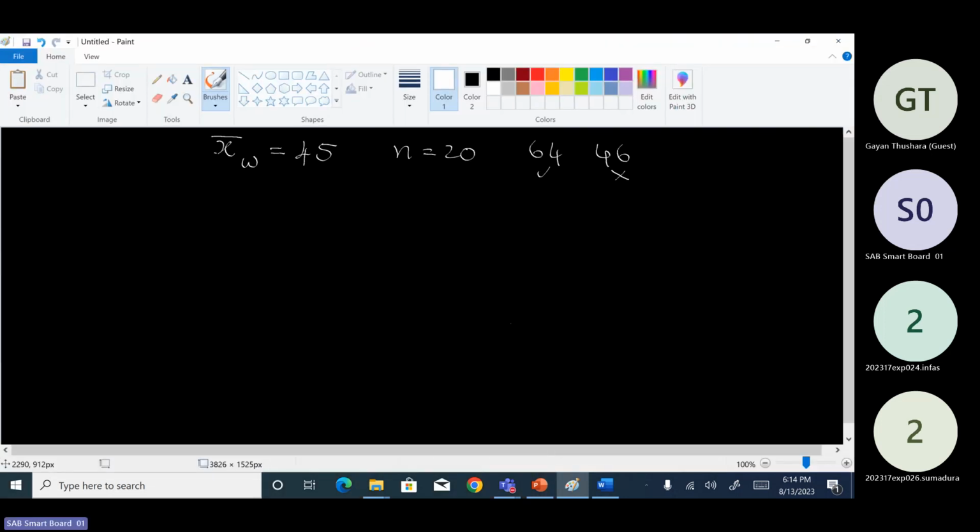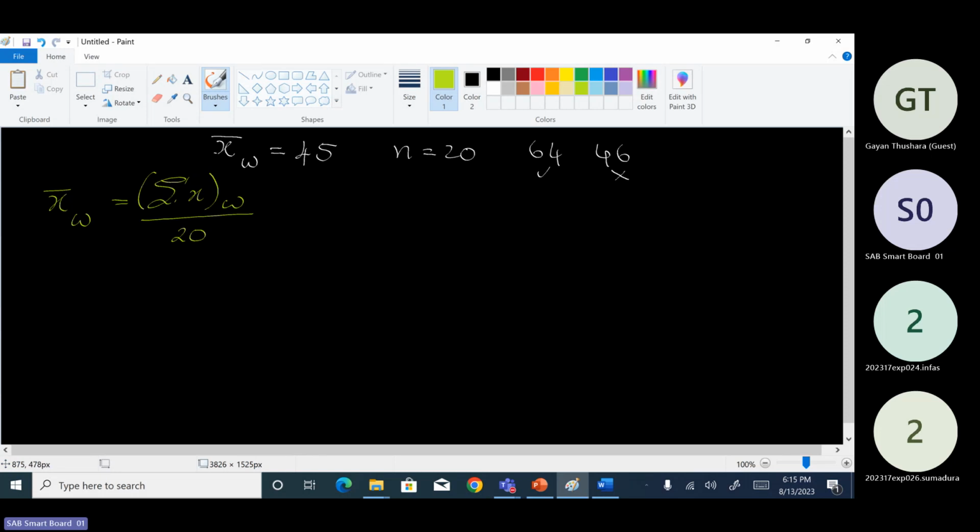So we have the X bar wrong value. Why is this wrong? Because the sum is wrong. We have the wrong sum, and we have divided that by 20.